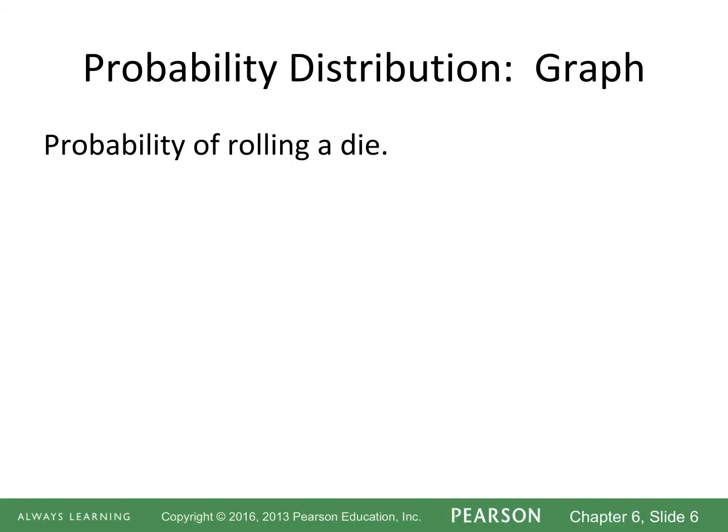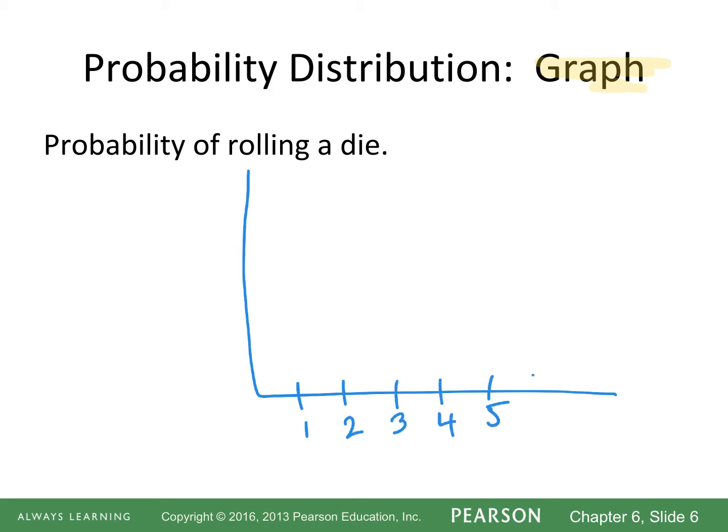Okay, so we're going to use that same example, but this time we're going to display it in a graph. We'll set up an X and Y axis. My input will be on the X axis, which was the number of spots on the die. And for my y-axis, I'm going to label this probability.